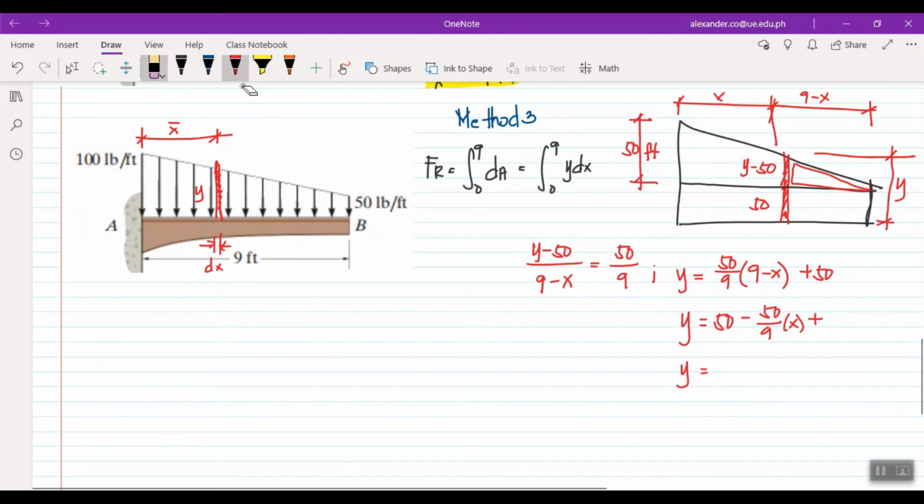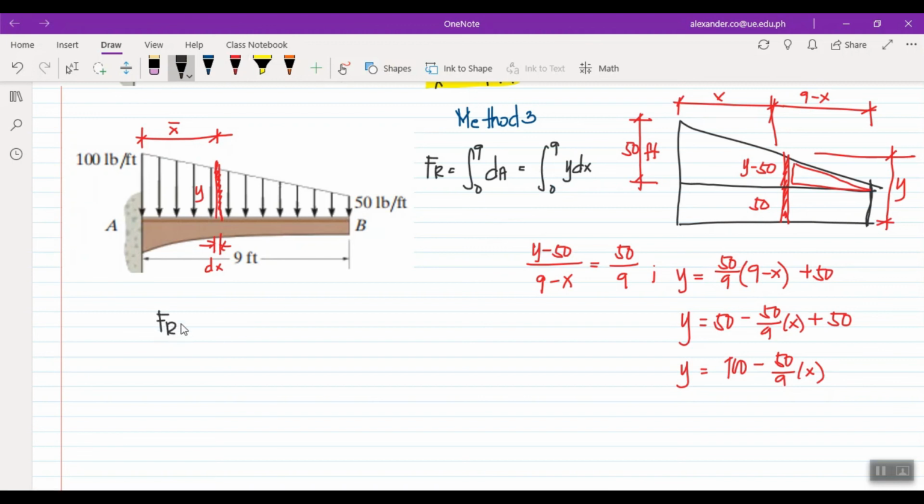Kailangan na natin daanan to dahil wala rin kayong takas. Gagamitin din natin to pagdating sa structural analysis. Okay, so yan na. So, meron na tayong y. Sasalpak na lang natin dito. So, balik tayo dito.